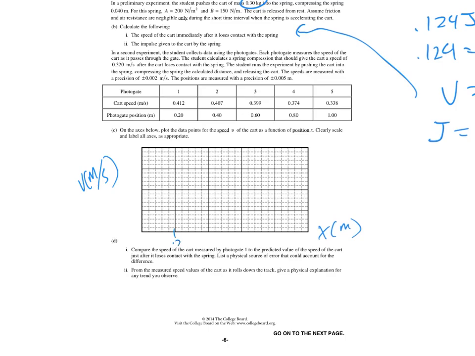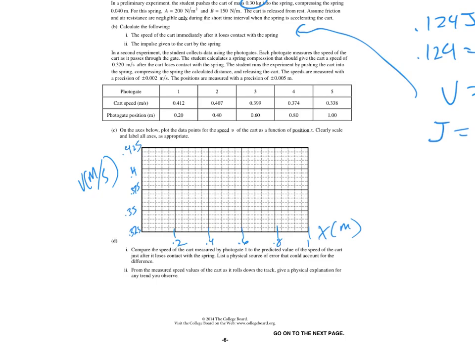So 0.2, 0.4, 0.6, 0.8, and 1. And then you start here. You can do whatever you want to, but since these are fairly close together, I'm going to go up by 0.4 or 0.25, just like they do there. It makes sense to me.